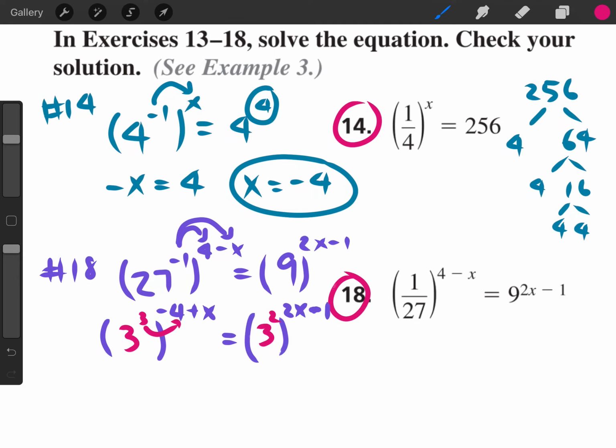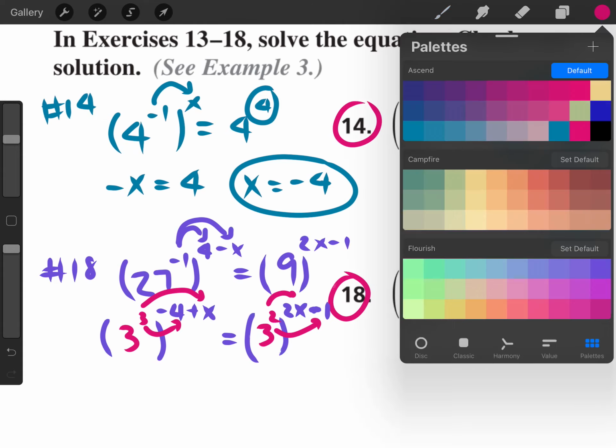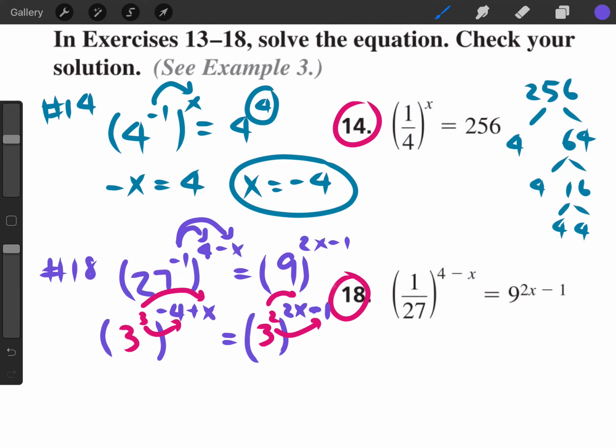Now I'm going to distribute the 3. You know that the bases are the same now, so I can just set the exponents equal to each other. So 3 times -4, that's -12. 3 times positive x, that's 3x. 2 times 2x, that will be 4x. And 2 times -1, that will be -2.